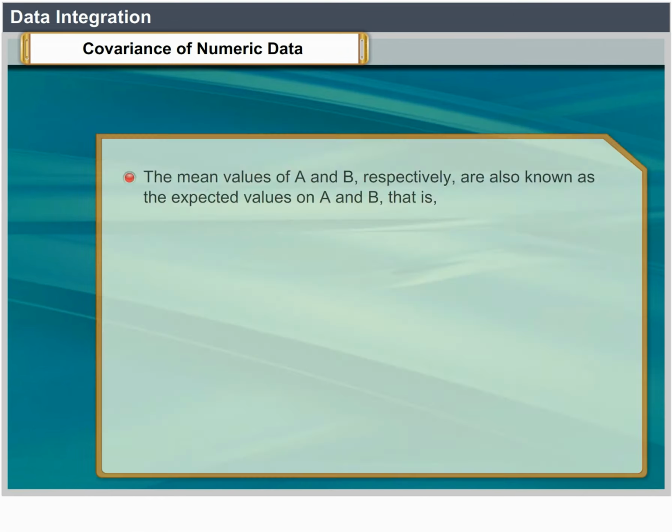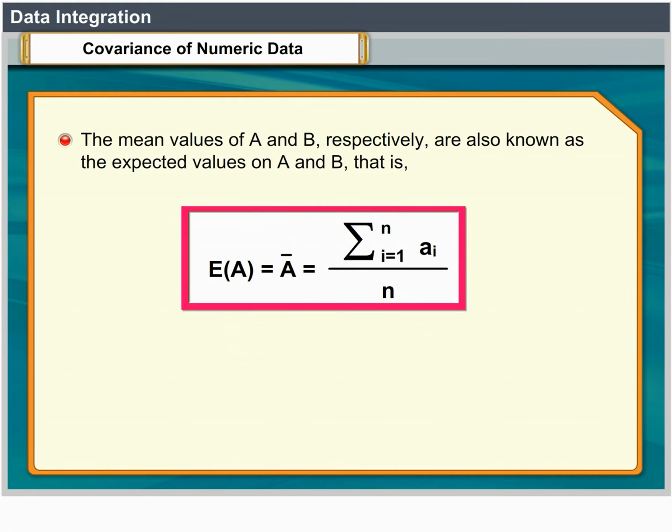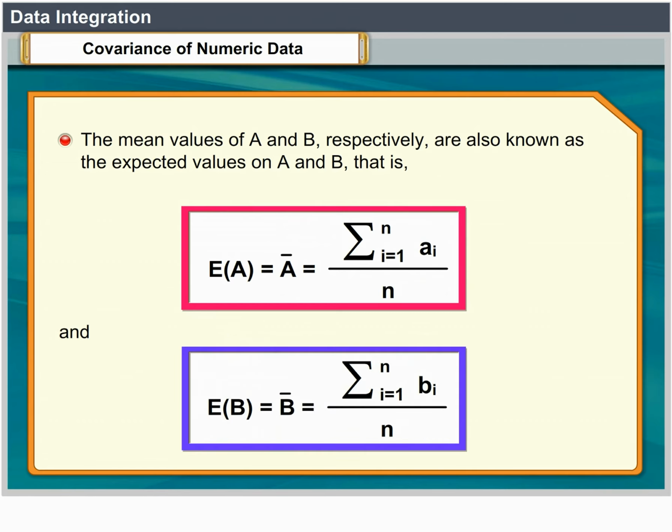The mean values of A and B, respectively, are also known as the expected values of A and B, that is, E(A) equals A bar equals summation i equals 1 to n of ai divided by n, and E(B) equals B bar equals summation i equals 1 to n of bi divided by n.